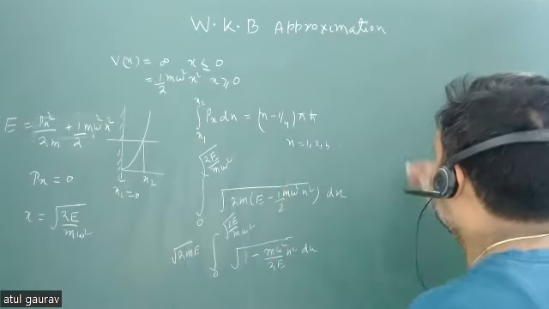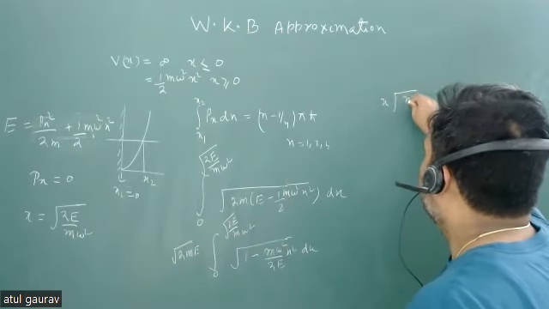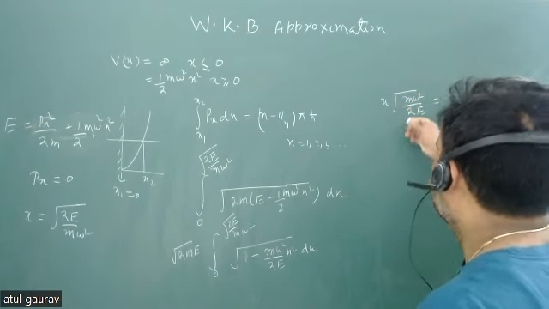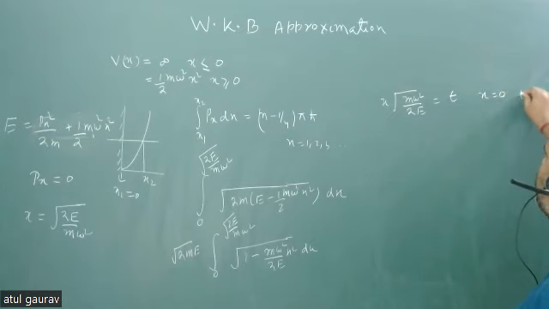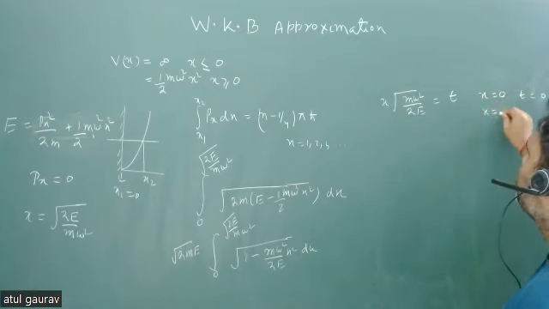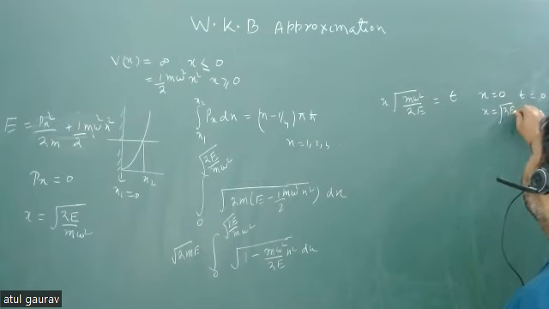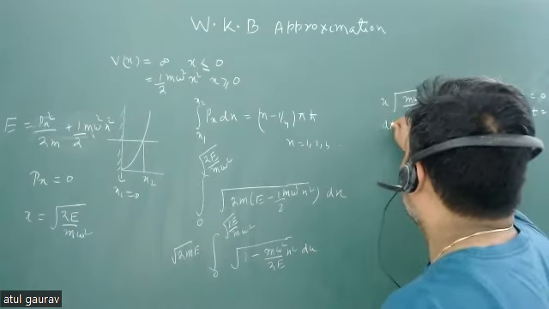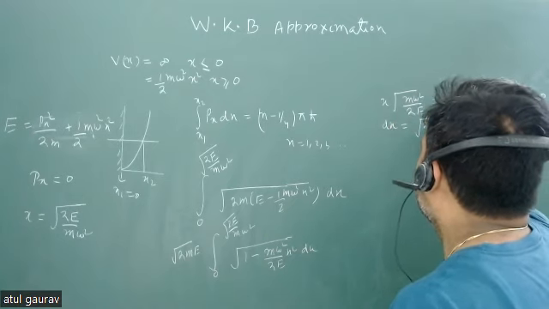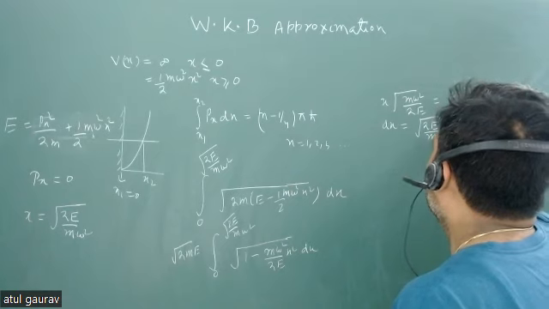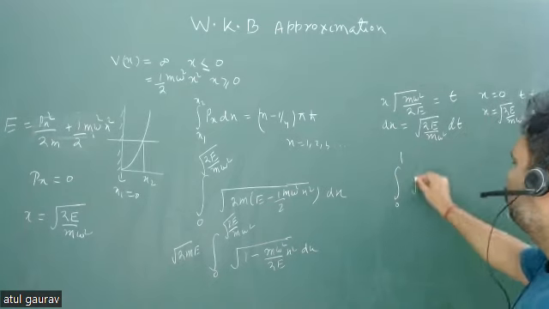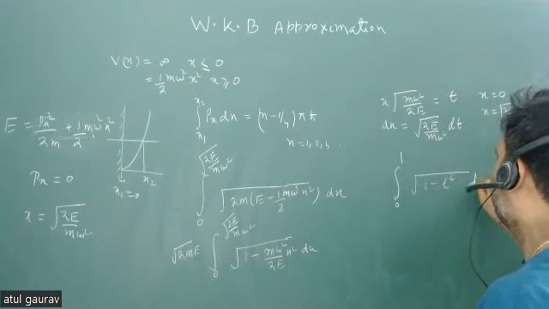Put x times root under m omega square upon 2E equal to t. When x is 0, t is 0, and when x is root under 2E upon m omega square, t is 1. We can also find dx, which is root under 2E upon m omega square dt. So we have the integral from 0 to 1 of root under 1 minus t square dt.